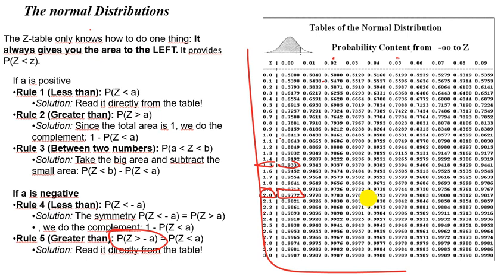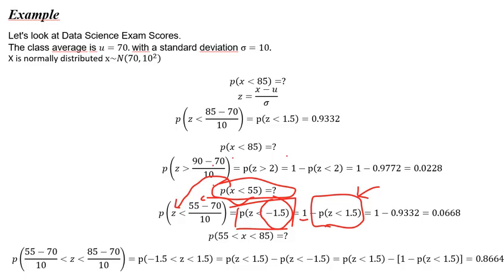Let's go back to the table. 1.5 is 0.9332. So 1 minus this, we get 0.0668. So this is the probability that a randomly selected student will get a score less than 55.